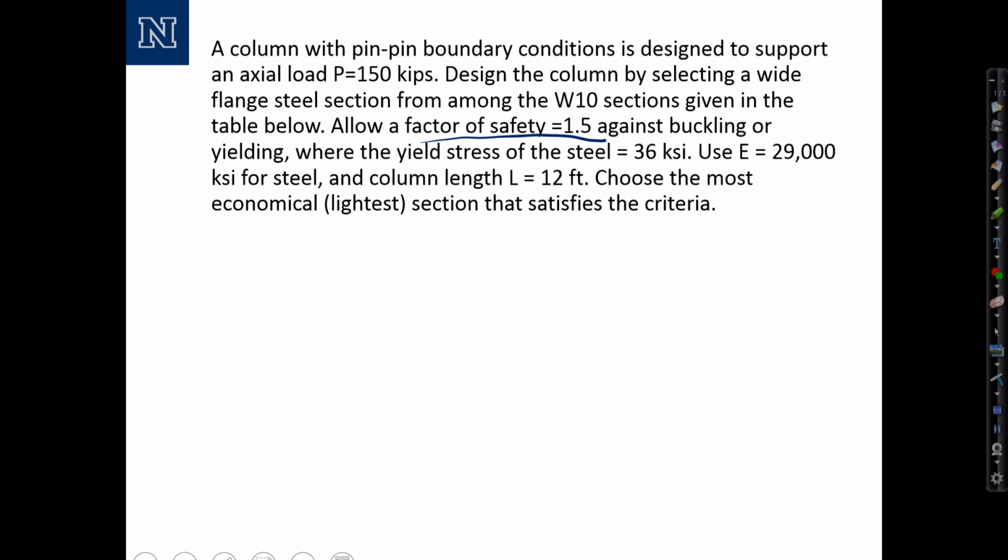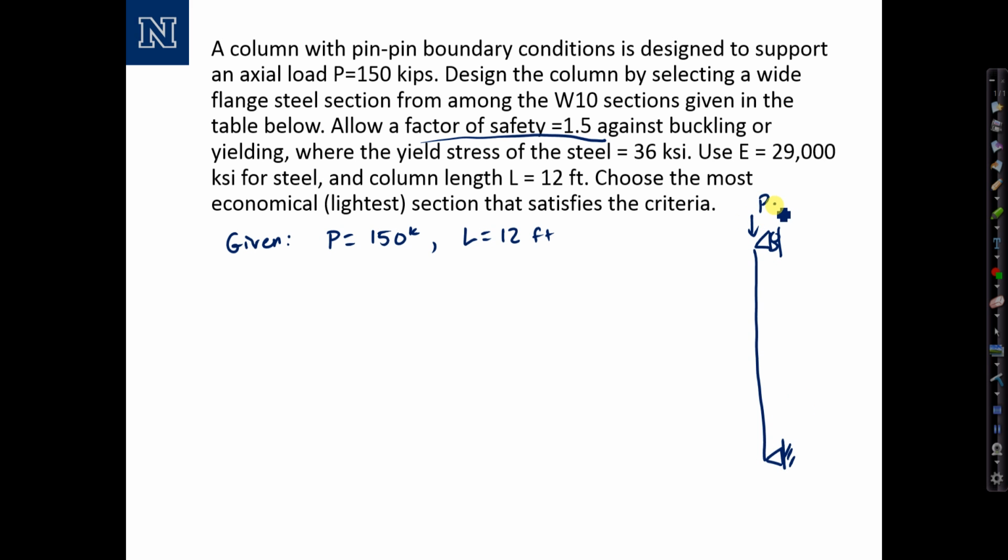So let's go ahead and work the problem, starting by summarizing the given information. We are given that the load P on the column is 150 kips. The column has a length of 12 feet and it's pinned. I'll make a little sketch. Here's my column, pinned at both ends, with an axial force P of 150 kips, and the column itself is 12 feet long.